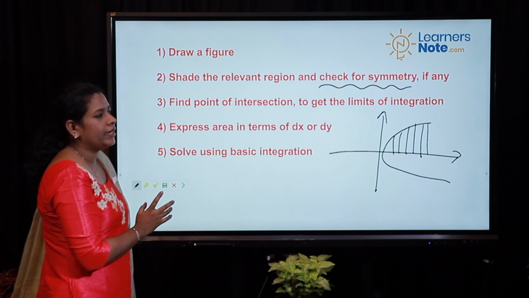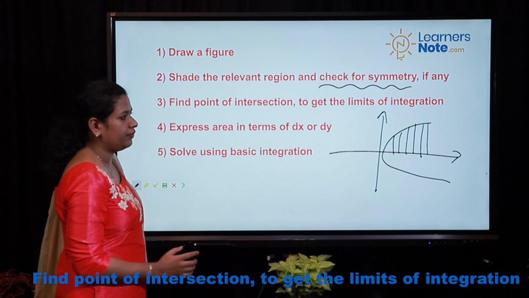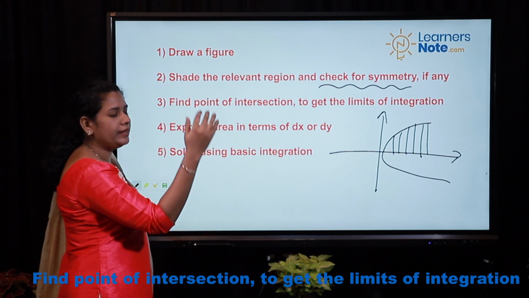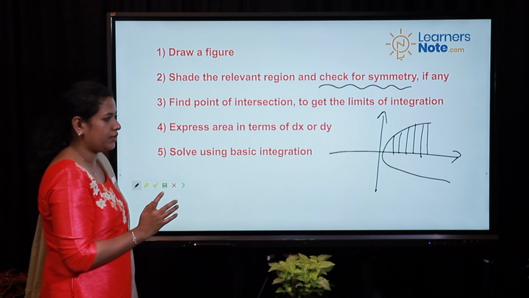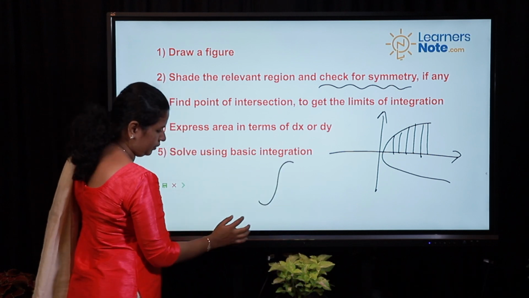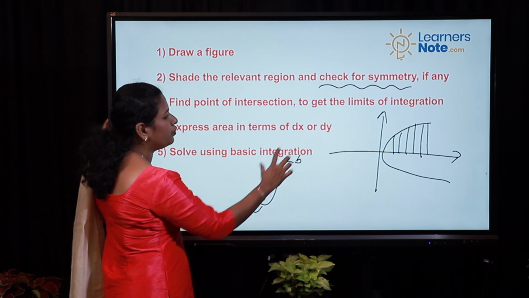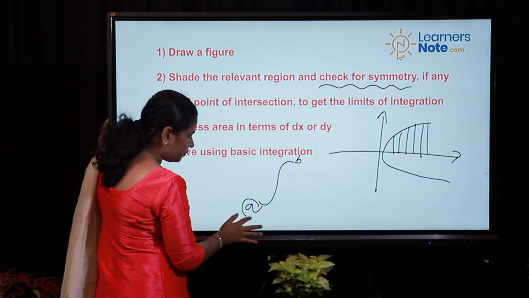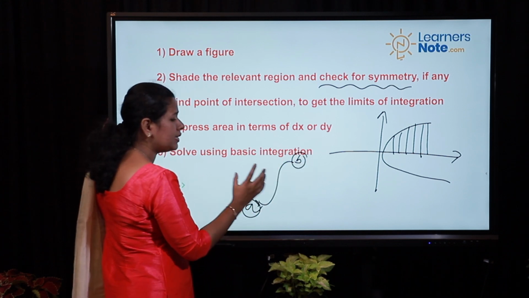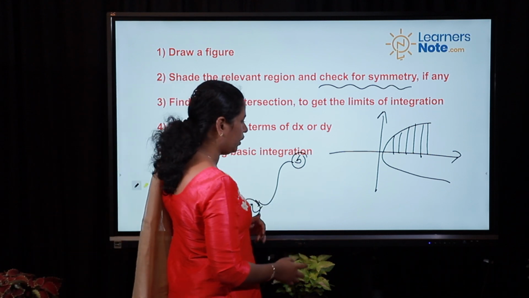Then the third point is find the point of intersection to get the limits of integration. We have to integrate the function by finding the limits. Okay, we have a lower limit and an upper limit. So we need to find this limit of integration. For that, we have to solve the equation. This is applicable when we have to find the area between two curves.